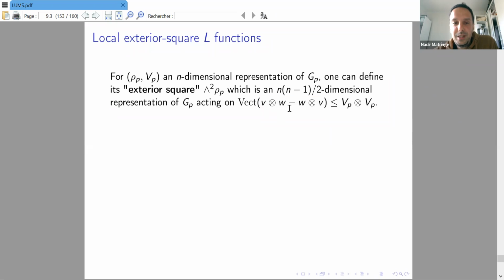This is a stable subspace, and so from this representation, I get a new representation on this subspace. So this is the exterior square of a Galois representation. You get a new representation of G_p, and in particular, you get a new local Artin L function attached to this new local representation.